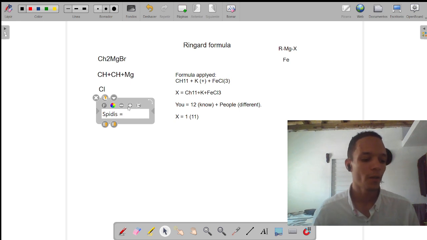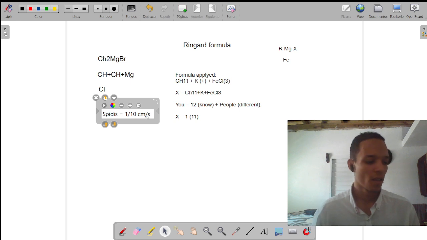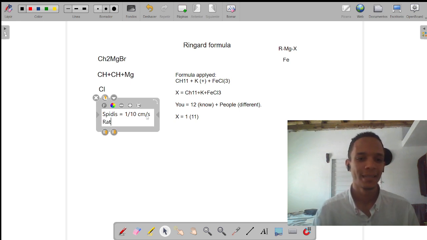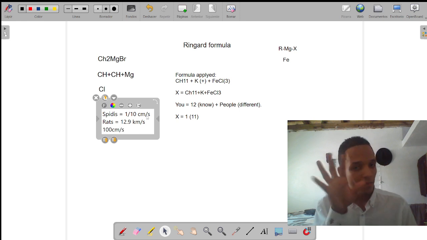The spiders have a velocity of 1 to 10 centimeters per second. And rats have a velocity of 12.9 kilometers per second. That is equal to 100 centimeters per second, more or less.